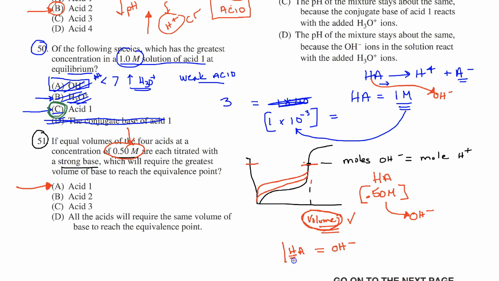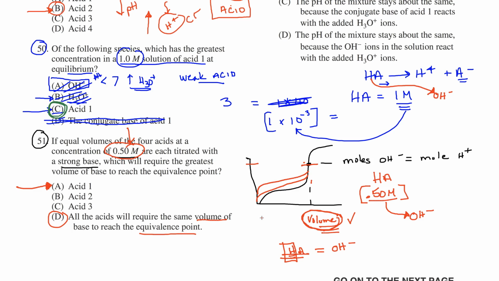It's whether or not they have them originally, and they're all the same concentration originally. So the answer is D. All the acids require the same volume to reach the equivalence point. The pHs will be different, but the volume will be the same, because they all are the same concentration, and how well they give off the H plus is independent here.